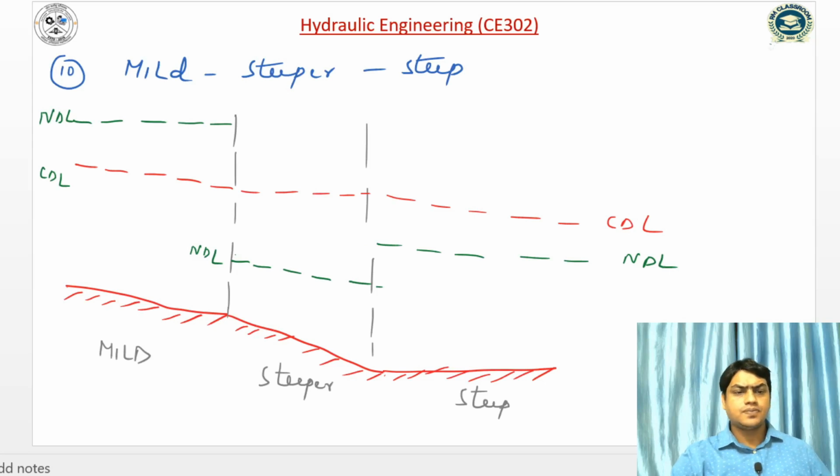So if I draw the flow profile, it will be NDL to NDL. Flow will be moved from NDL to NDL. It will be like that.